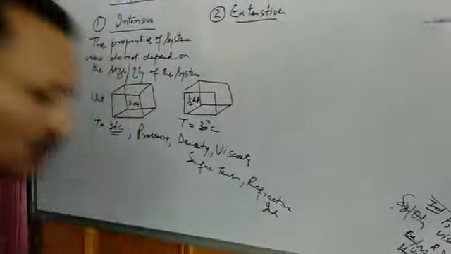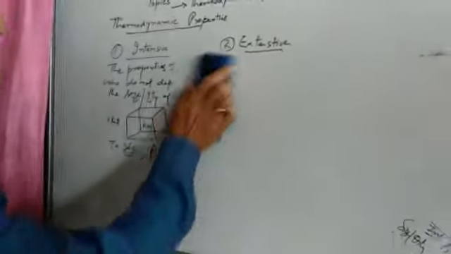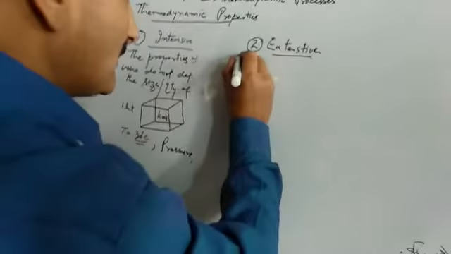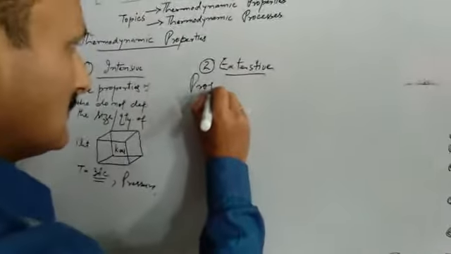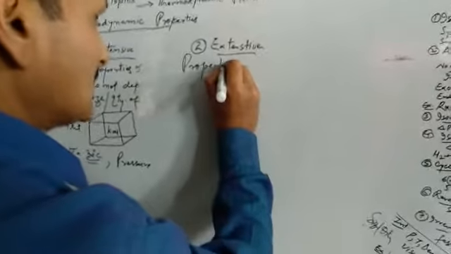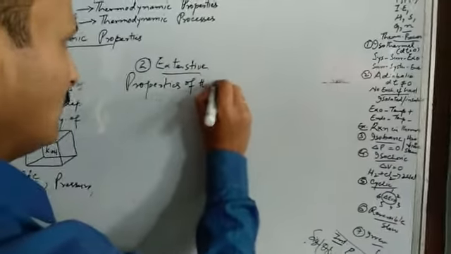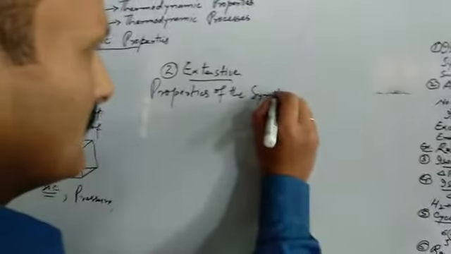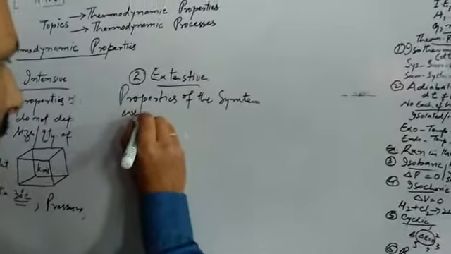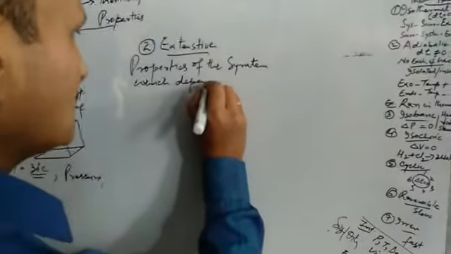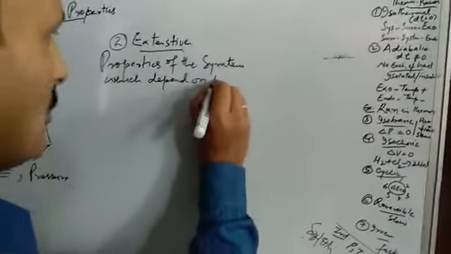Now coming to extensive properties. Extensive is quite reverse of the intensive. That is, these are those properties of the system which depend on the size or the quantity of the system.